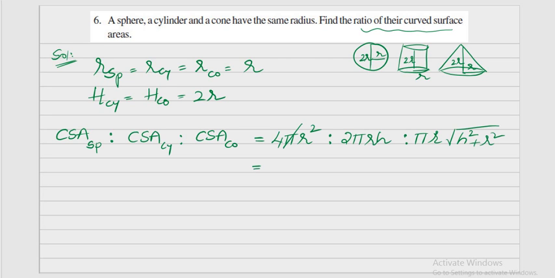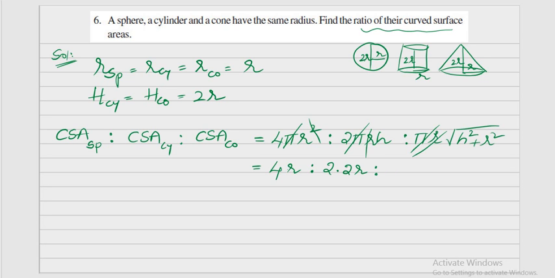Now in all the terms I am having pi as common, so I am going to cancel that, and r also I can cancel, right? So 1 r I can cancel out because all r's are same. Now 4 into 1 r is to, here 2 into h I can write as 2r is to, here r got cancelled, no?